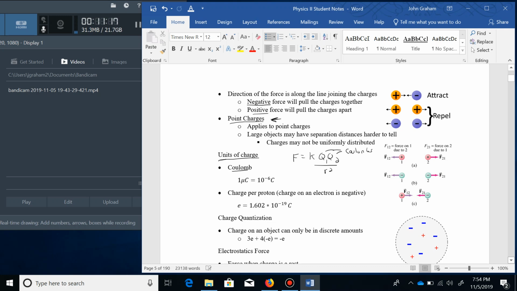So if it tells you that it's 1 microcoulomb, we have to write it as 1 times 10 to the negative 6 coulombs when we do the multiplication and figure out how much force. Otherwise, if you leave it as microcoulombs, you're not going to get newtons. So coulombs times K divided by a meter squared is going to give you newtons.